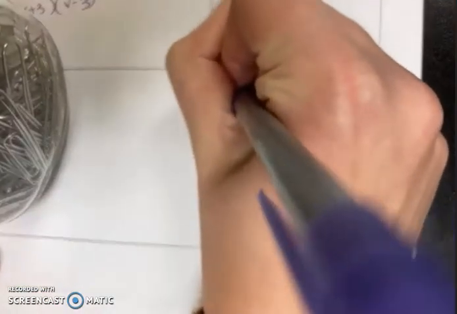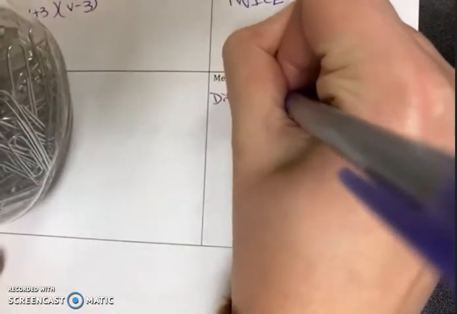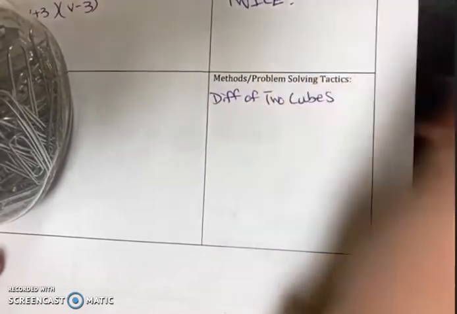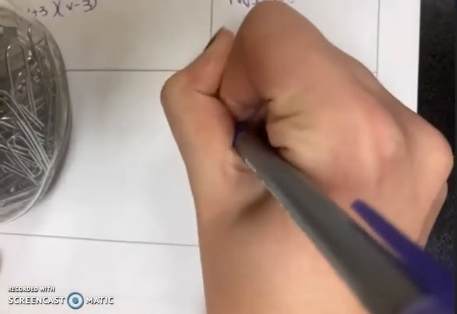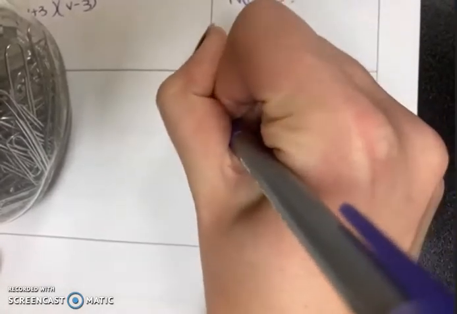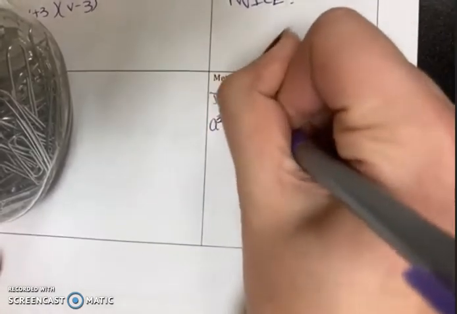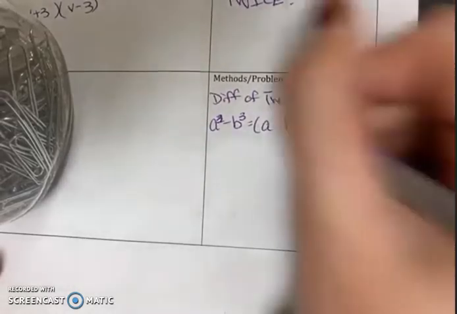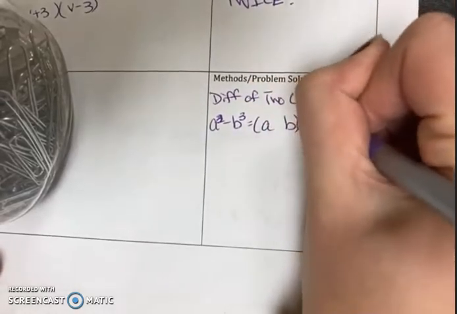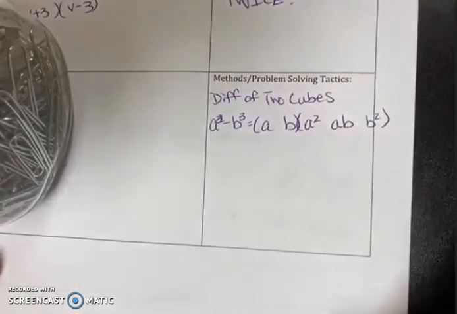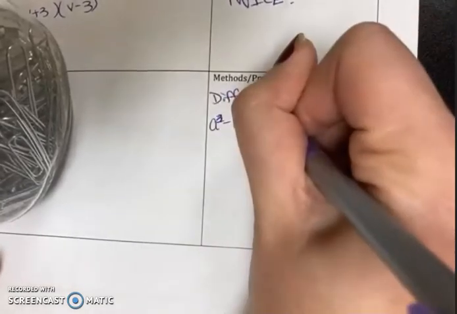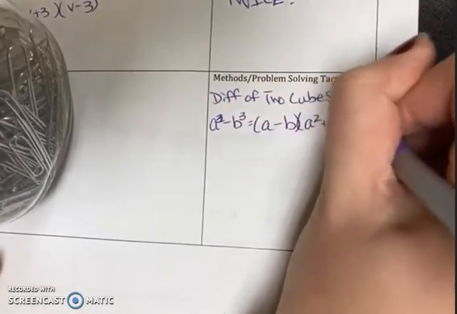For the difference of 2 cubes, we have a cubed minus b cubed. And I'd have a binomial with a, b, a trinomial with a squared, ab, and b squared. Because it was subtraction, it is a minus plus plus.